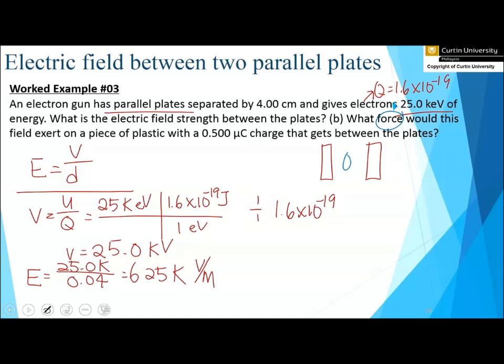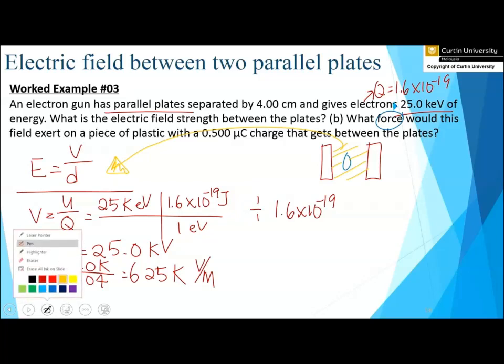Do you still remember that the electric field between the parallel plates is uniform? Now we know the electric field, and we know the charge being put inside the field, so we can look for the electric force.